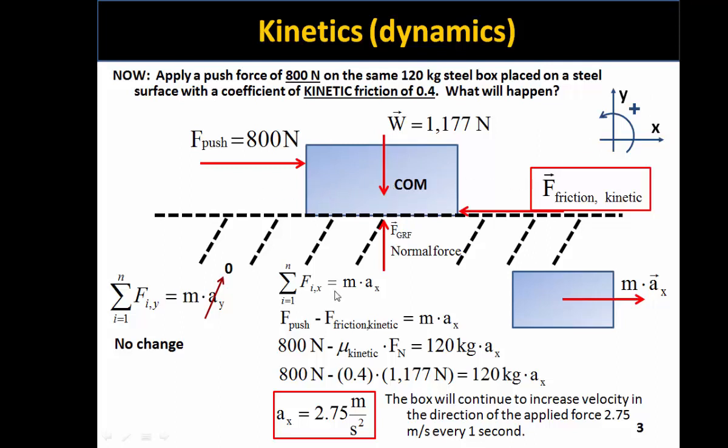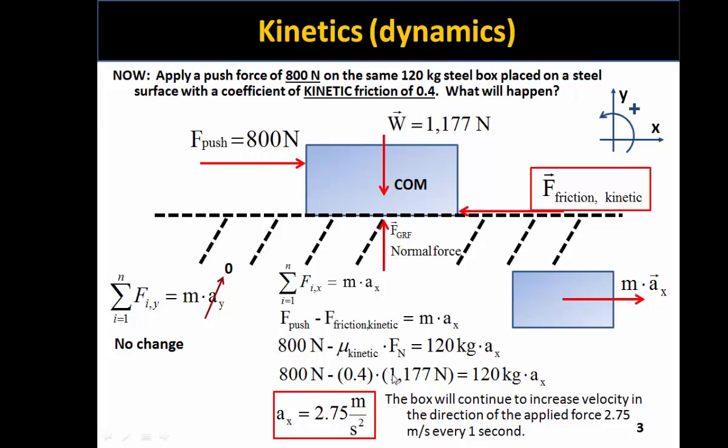In this problem, we had to consider the kinetic friction term, which is defined by the coefficient of kinetic friction times the normal force, or in this case, the ground reaction force. We had a measure for the mass of the object. We had a magnitude for the push force. This was provided to us.